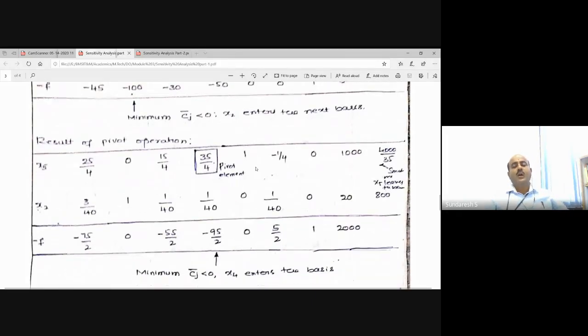Now, can you fill up the rest of the columns with the same operations? Yes, sir. Please start doing that. First, fill up the X5 row.